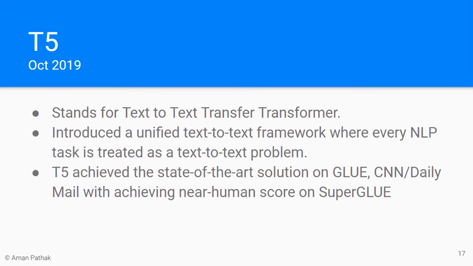T5 has achieved state-of-the-art results on GLUE and CNN/Daily Mail, which is a text abstraction task. Combining all these things, T5 has also been able to have the highest score on the leaderboard right now on STS-B, which is a regression task.